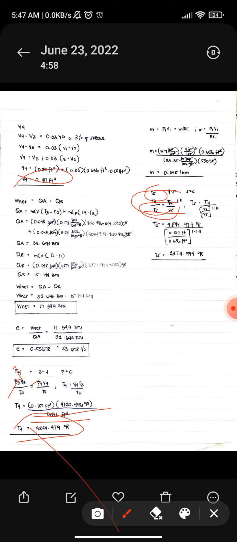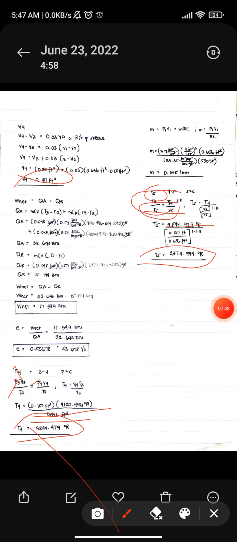So T5 equals T4 over V5 raised to 1 minus K. So substitute natin yung T4 natin na 4844.979 degree Rankine over V4 natin na 0.107 cubic feet over V5 natin na 0.636 cubic feet raised to 1 minus K natin na 1.4. So yung T5 natin dito is we have T5 equals 374.994 degree Rankine.